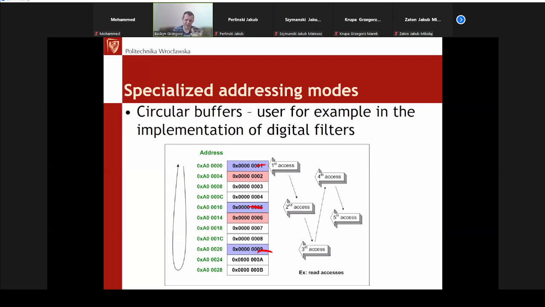Yet that's one of the important differences between signal processing capable microcontrollers and standard microcontrollers.